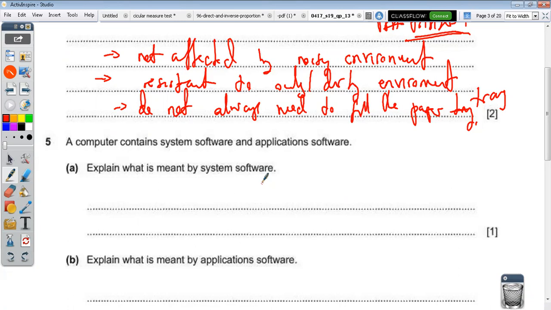Is that making sense? Then application software are programs that allow the user to carry out specific functions, e.g. word processing.